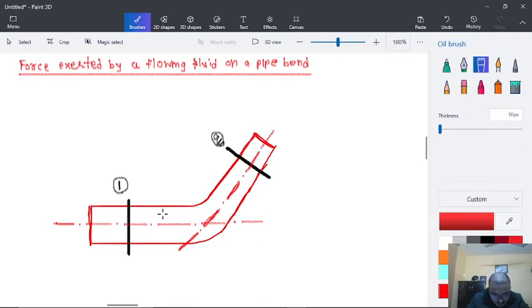There are two forces present in general. Here we will have Fx and here we will have Fy, the force acting in the x direction and the force acting in the y direction.